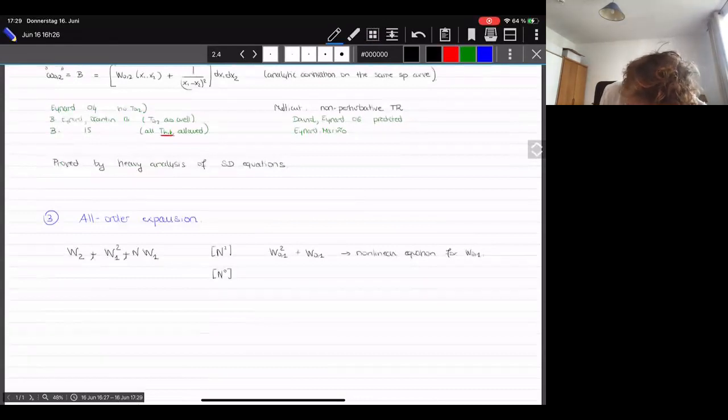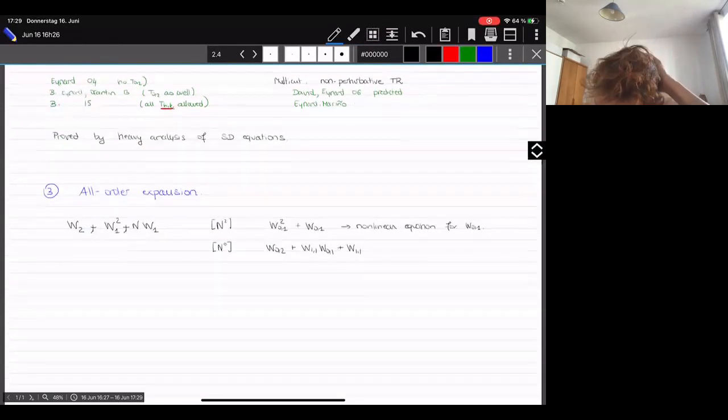In that case, at this order you would see some W02, some W11, W01, and some W11 in certain combinations. So we already know W01 from the previous step, and we have W11 and W02.